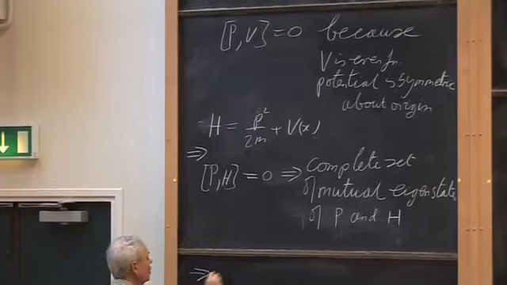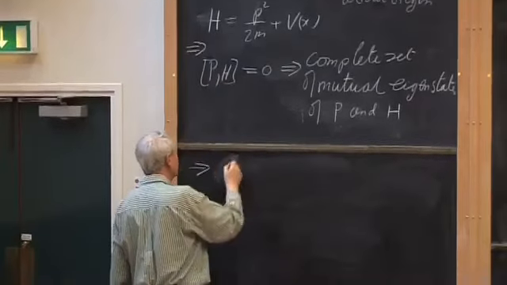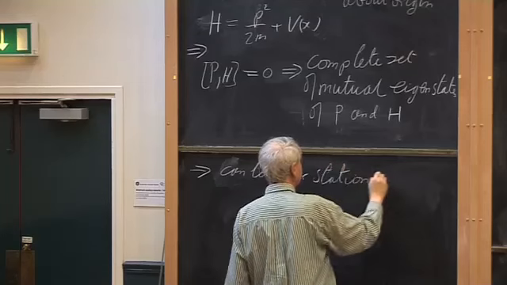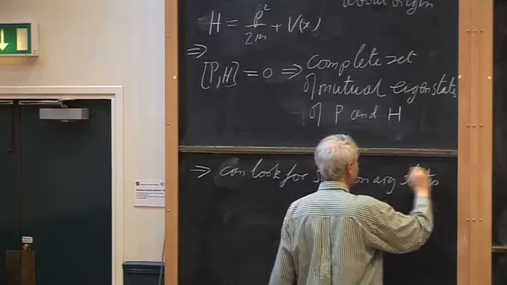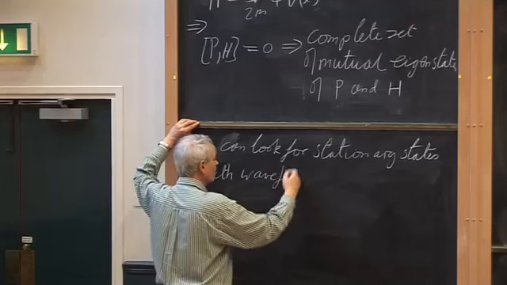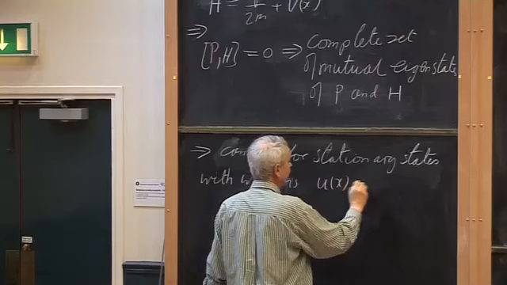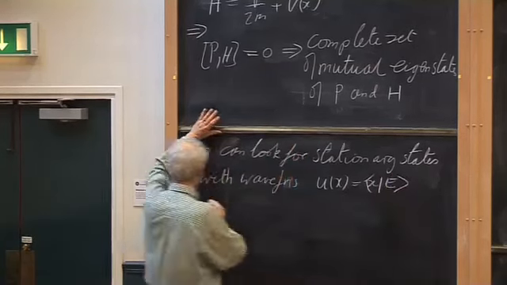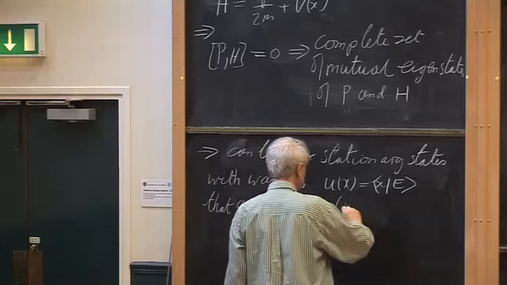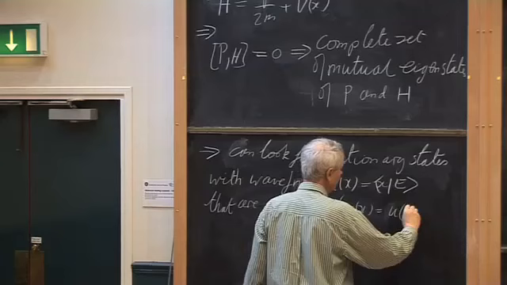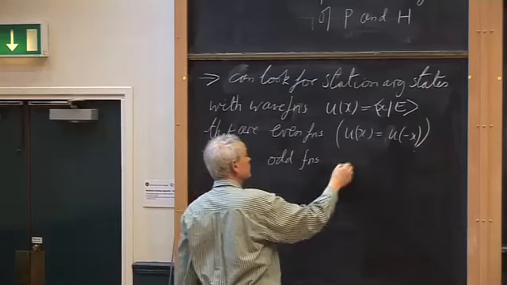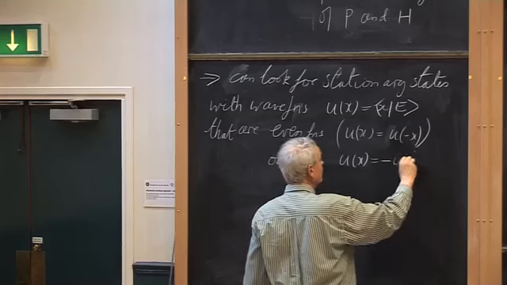So what this means is we can look for stationary states with wave functions u of x, meaning, of course, x E, that are either even functions, u of x equals u of minus x, or odd functions, i.e. u of x is minus u of minus x.